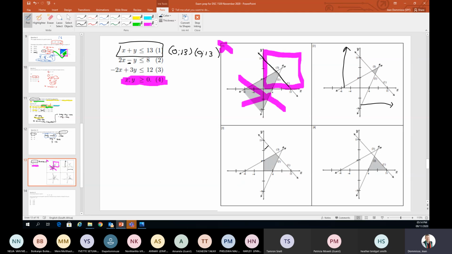So it is that line. But it's smaller than or equal to, so it basically lies to this side of that line, so not to that side. So option 2 I can eliminate.